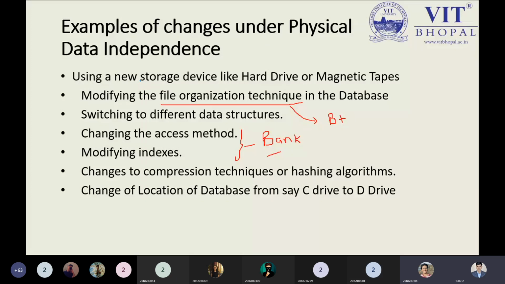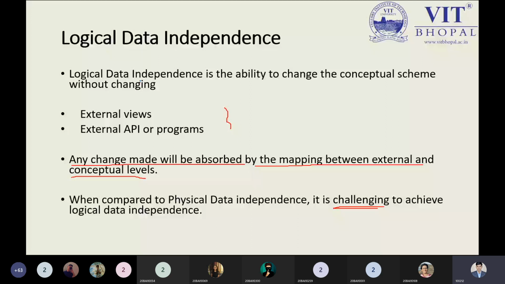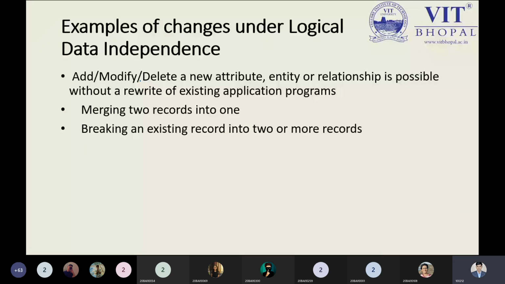Okay, good. So logical data independence we have already discussed in a detailed way. So the same thing we have written over here. Any changes made will be absorbed by the mapping between the external and conceptual levels. And when we compare with physical data independence, it is challenging to achieve logical data independence. What are the examples we can see over here?